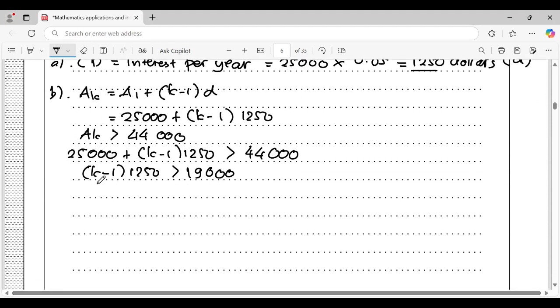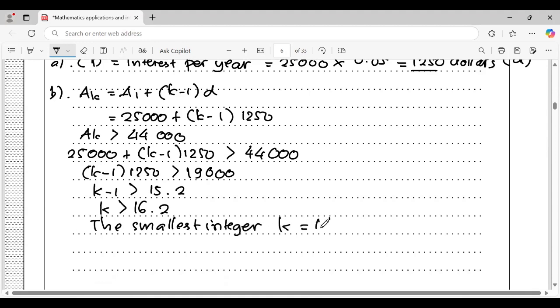After that, divided, K minus 1 is 19,000 divided by 1,250, which is 15.2. So it means K is greater than 15.2 plus 1, which is 16.2. So the smallest integer of K is 16.